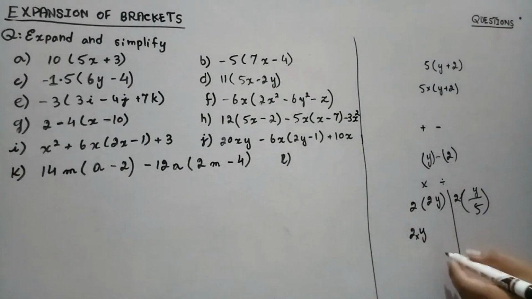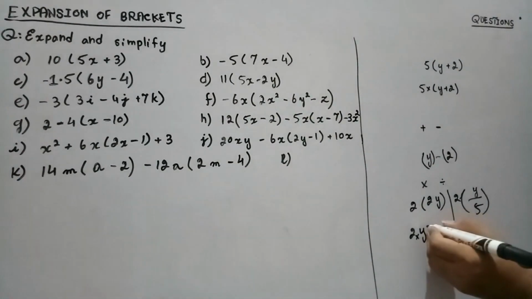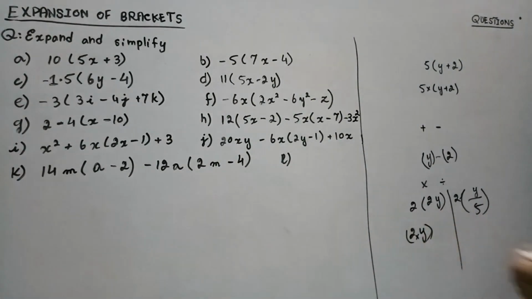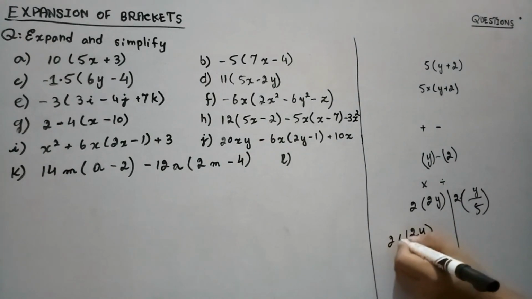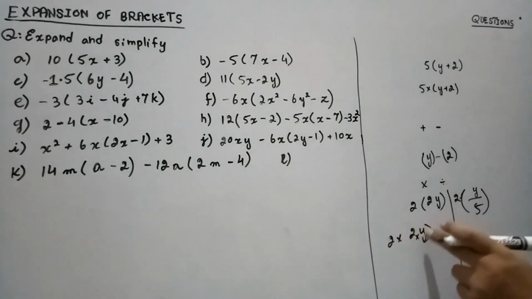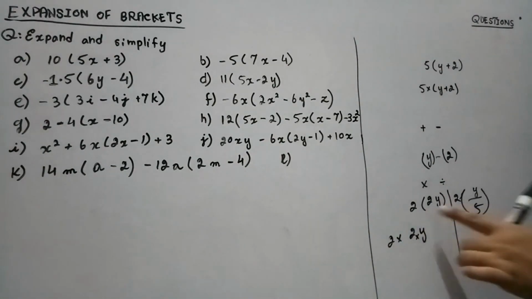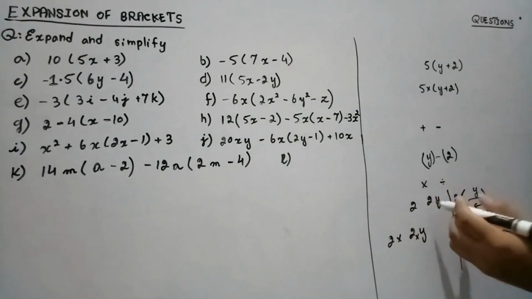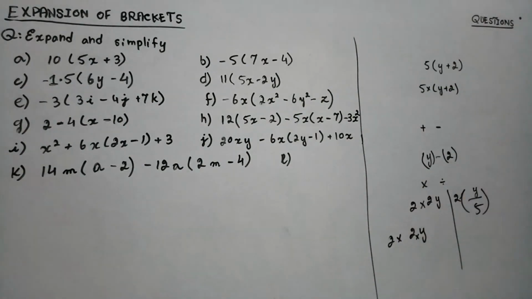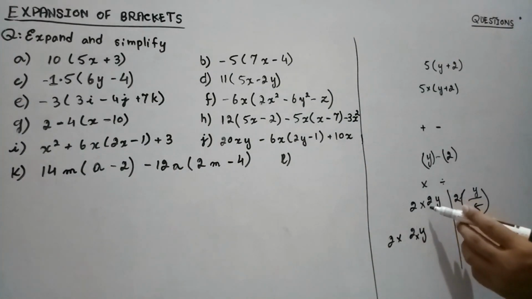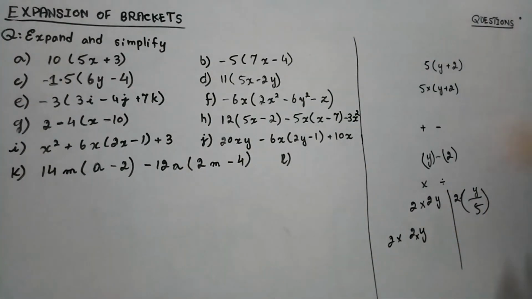Here we have 2 multiplied by y, so actually this is only a single term. So 2 is going to multiply by 2y, or I can write it just like this one. I can just remove the brackets and write a multiplication sign. So 2 is going to multiply by 2y. How to multiply 2 by 2y, I will tell you in a minute.